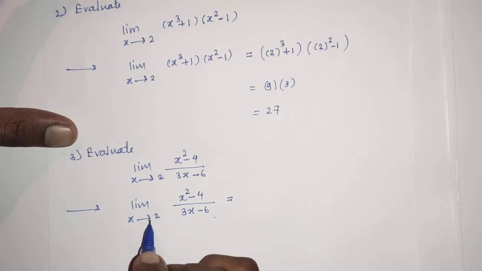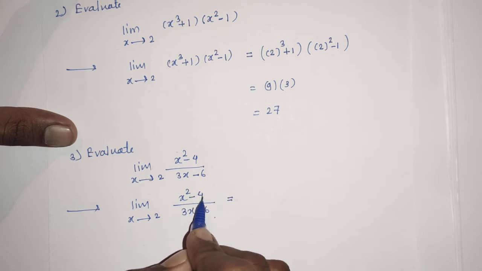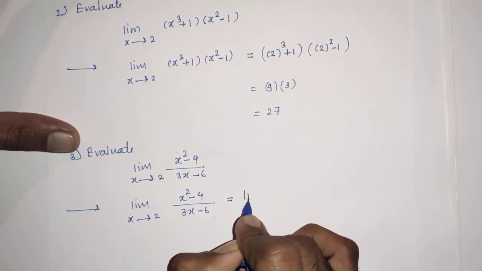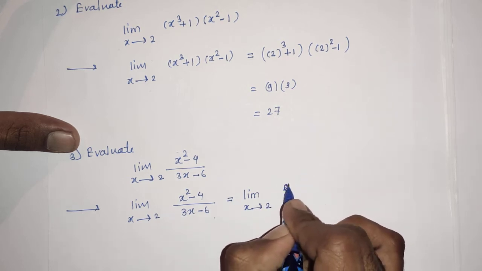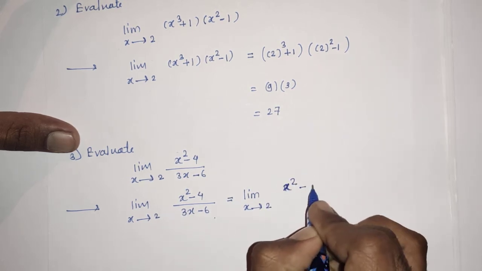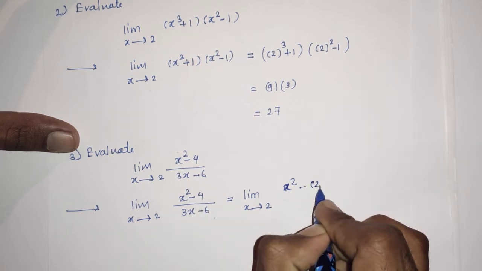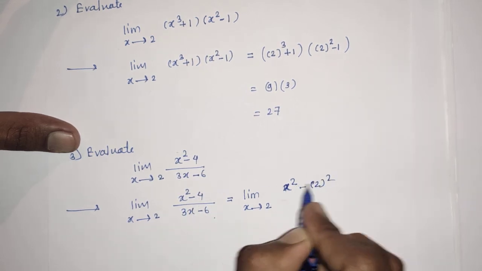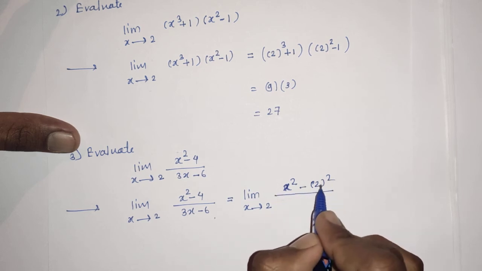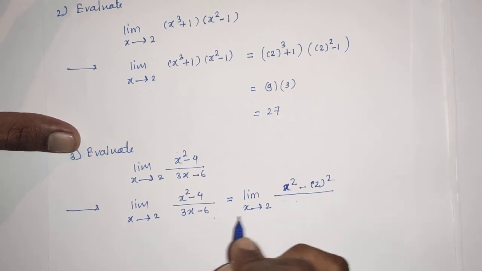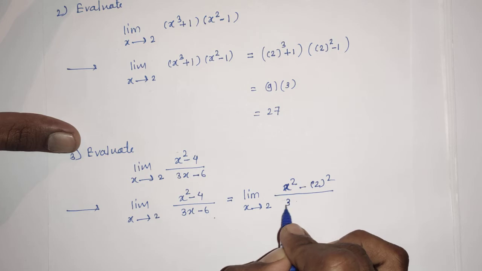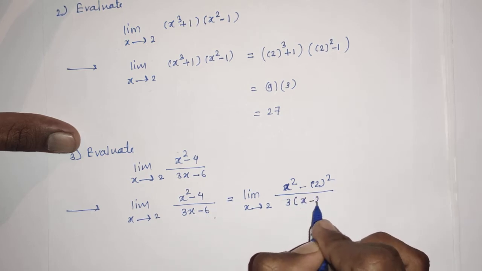So instead of just putting x equals 2 as in every example, we have to do some calculations. Here x square minus 4, where 4 is 2 square, so we can write x square minus 2 square. Again, 3x minus 6, if we take 3 common, we get 3 times x minus 2.